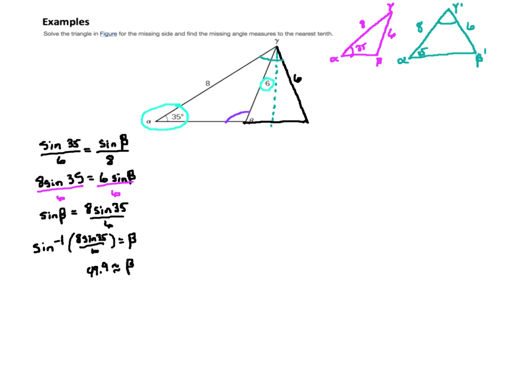So if I take 180 degrees and subtract the 49, well, let me back up. What the angle beta actually is, the one we just found, we found this angle right here.